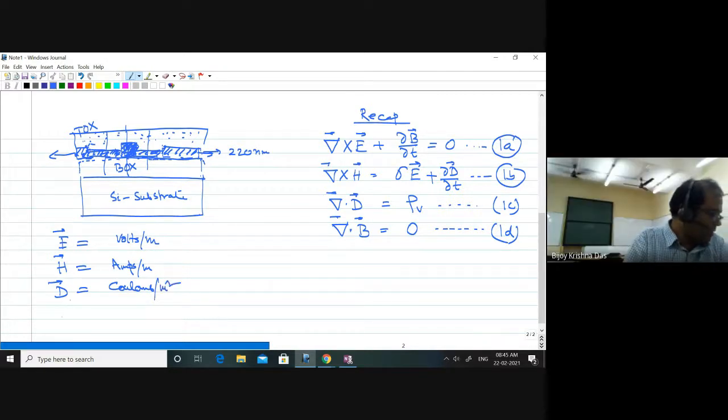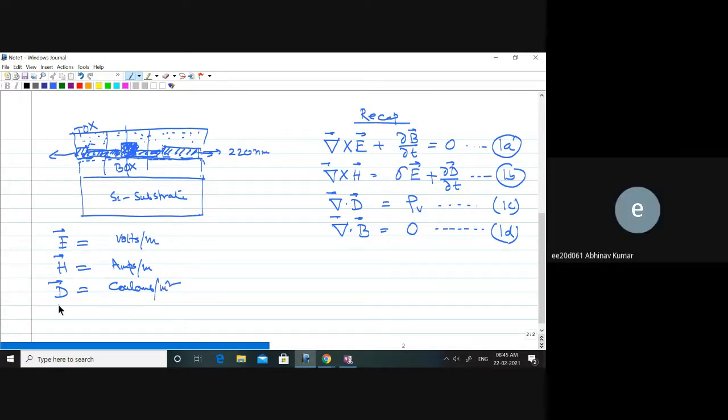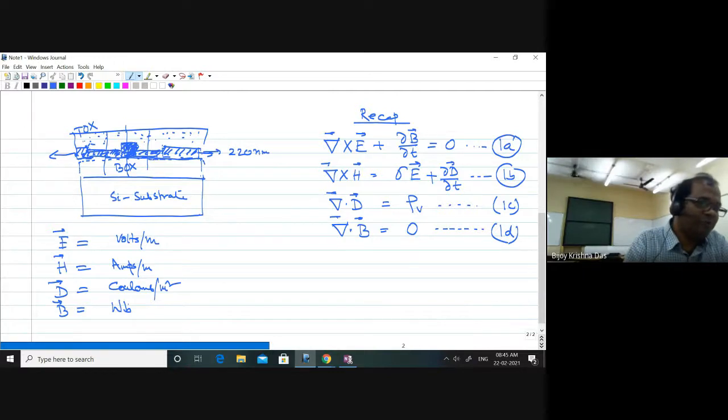And what about B? Henry per meter. So you know, if you have a magnetic monopole, coulomb is the charge unit, right? And here we consider Weber per meter square.